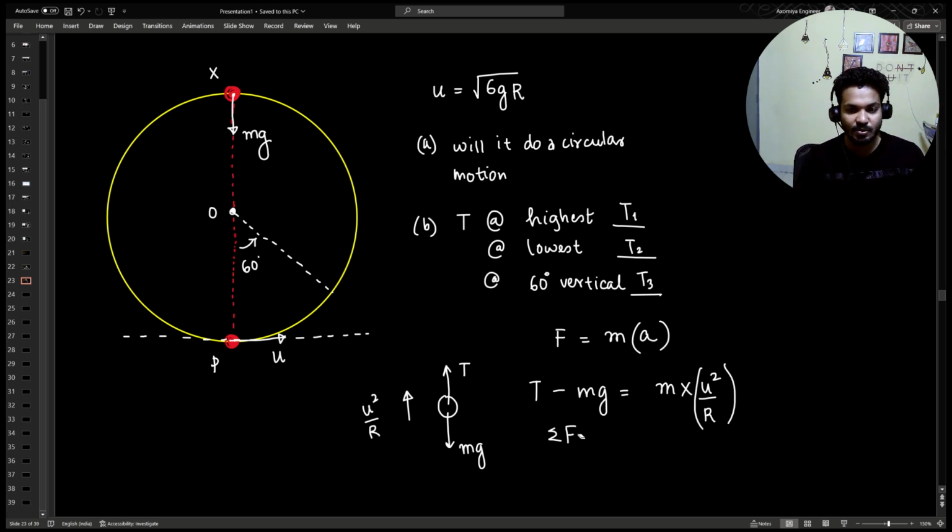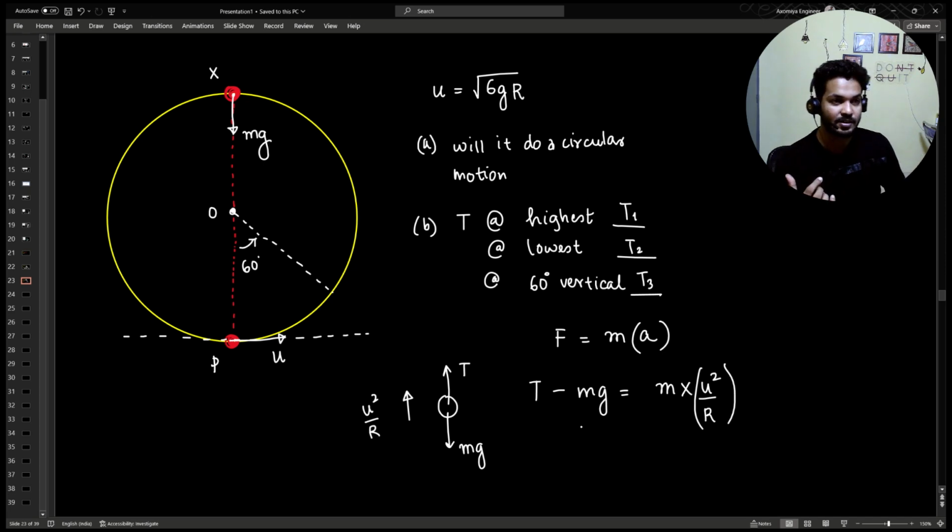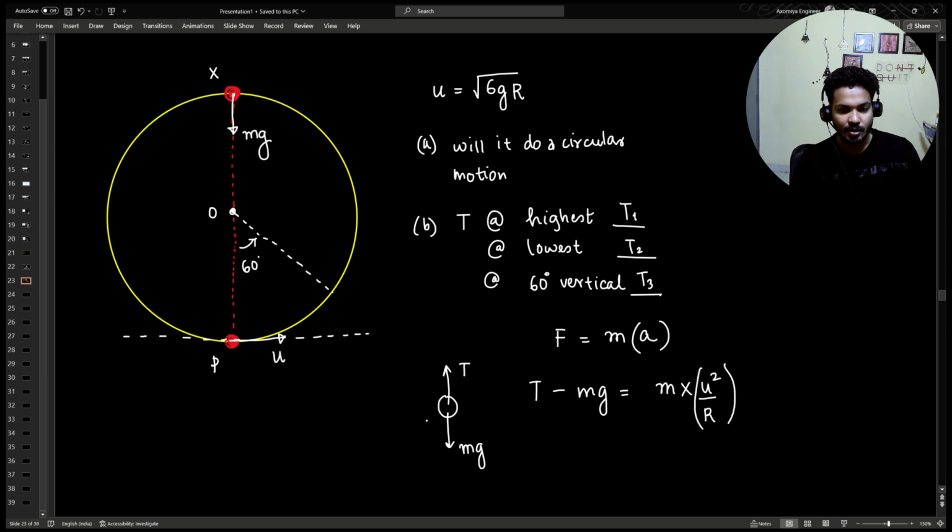And I said that whenever you are thinking from the perspective of being on the ball itself, there's something called centrifugal force, and that's a pseudo force that acts opposite to the direction of the non-inertial frame of reference's acceleration, so you can say that mv square by r would be acting downwards.